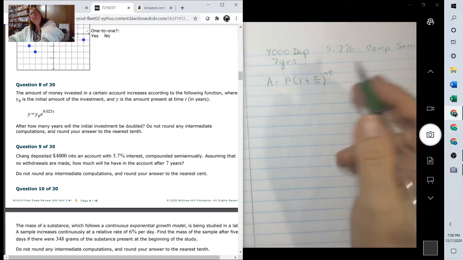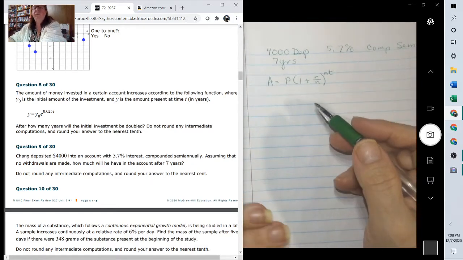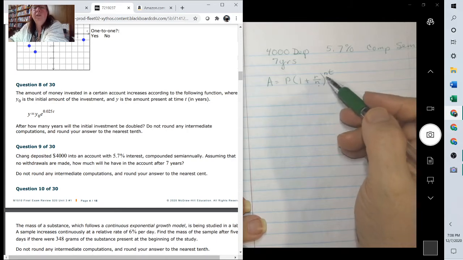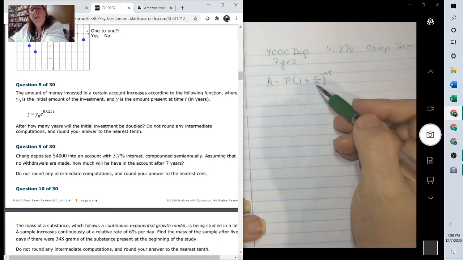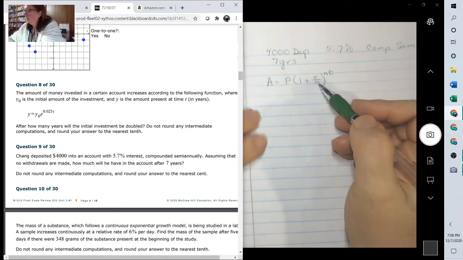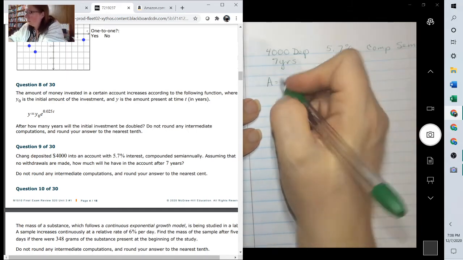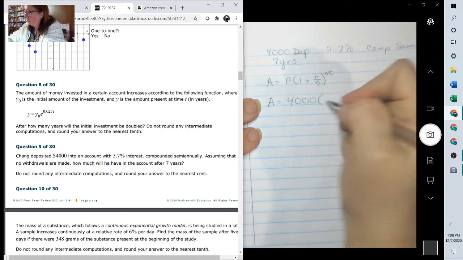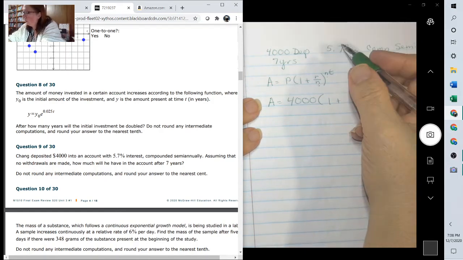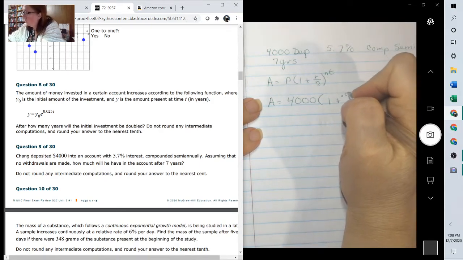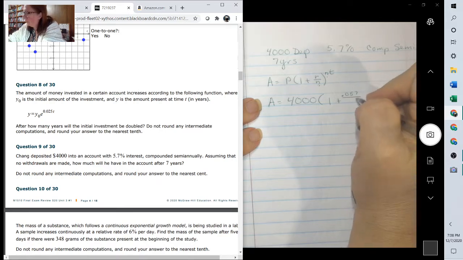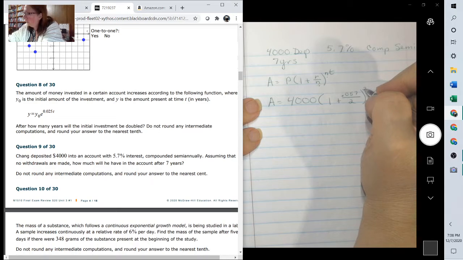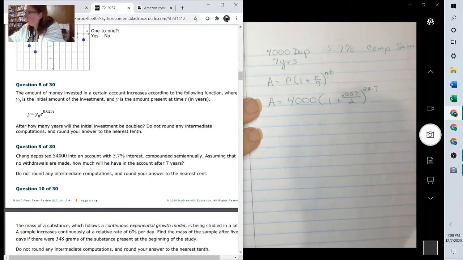I have 3 different classes that use 3 different variables for the N, M, or C. But it's the number of compoundings. A is the amount at the end. We're starting with 4,000. 1 plus R is your rate as a decimal, 0.057 divided by semi-annually is 2 times, and then 2 times 7 years.